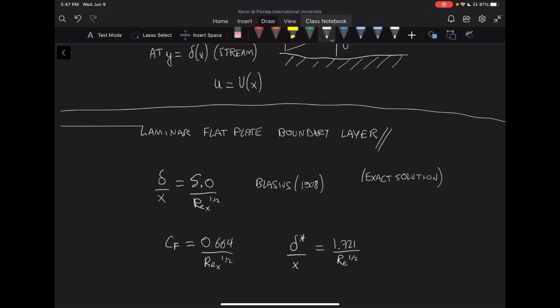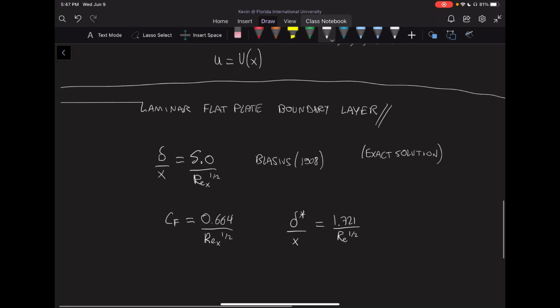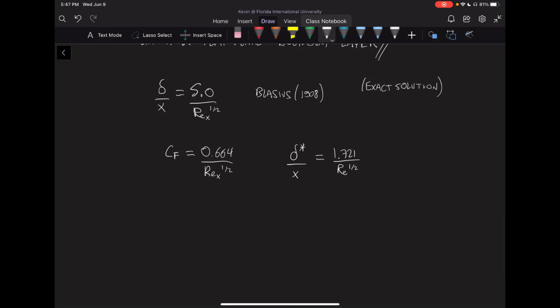Now, once we have these, we can go even further and come up with an equation that has our coefficient of drag. From the coefficient of friction, we can actually find a coefficient of drag. And this coefficient of drag is going to be equal to the following.